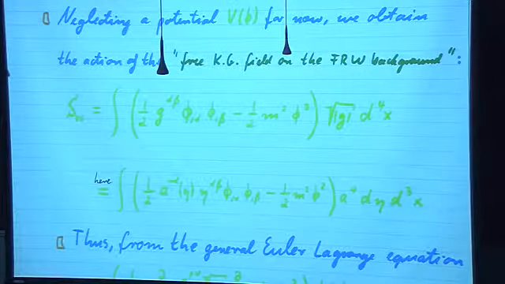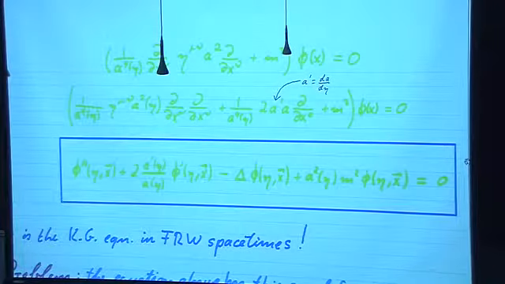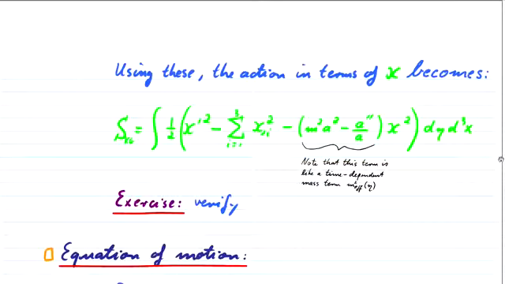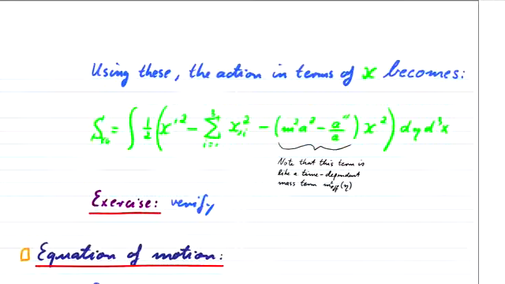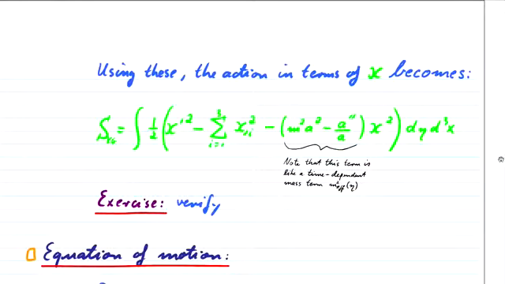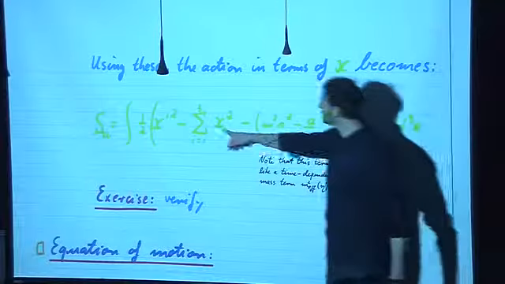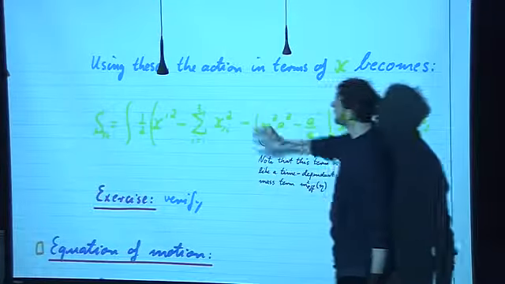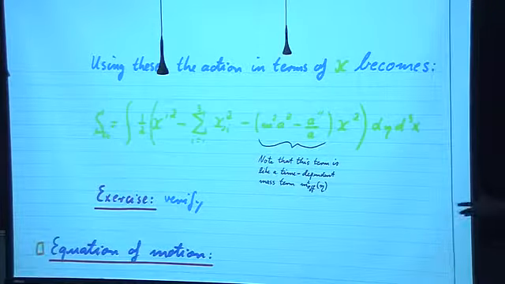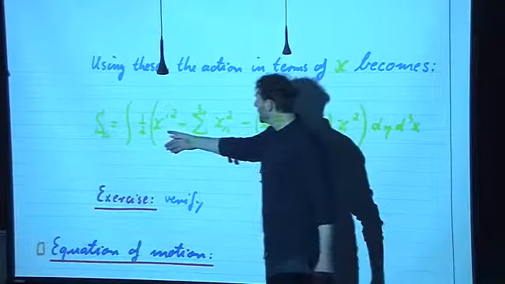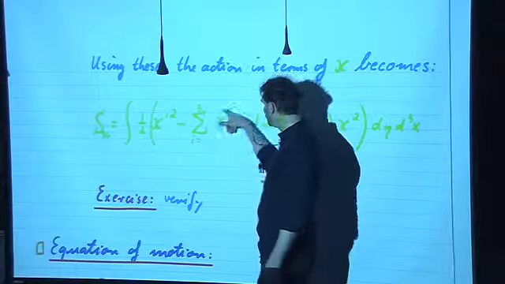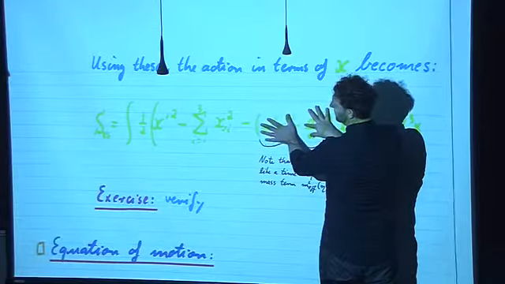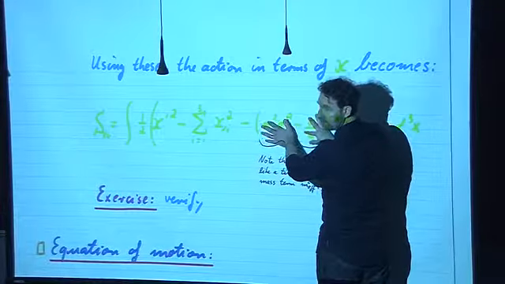Whereas now, here's the friction term, and you see there is no measure factor, there is just no scale factor here. This is really just like the ordinary flat space Klein-Gordon, just the second time derivatives minus the second space derivatives.